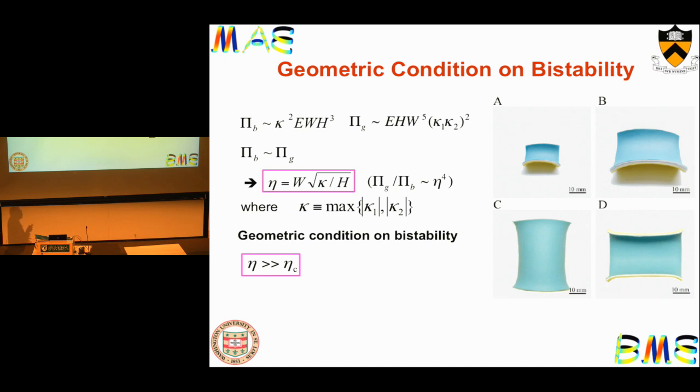So the product of the principal curvatures is the Gauss curvature. So even though this term may be dominating, if the Gauss curvature is nearly vanishing, it's still fine. So that's why the system, when eta is very large, would prefer to bifurcate into one of these nearly cylindrical shapes instead of being in a saddle shape. And that's the geometric condition for bistability.